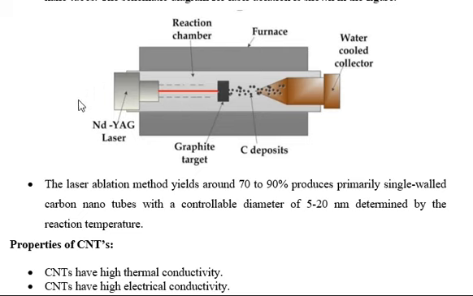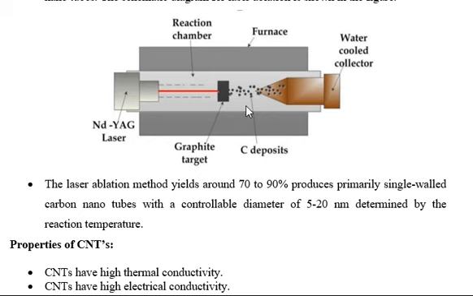So here, through the figure itself, we can see what we are going to obtain: carbon nanotubes from the graphite target. When will we obtain them? When the NdYAG laser is incident on the graphite target, the carbon atoms which have covalent bonds with the neighboring carbon atoms will break the bonds and the carbon atoms are released.